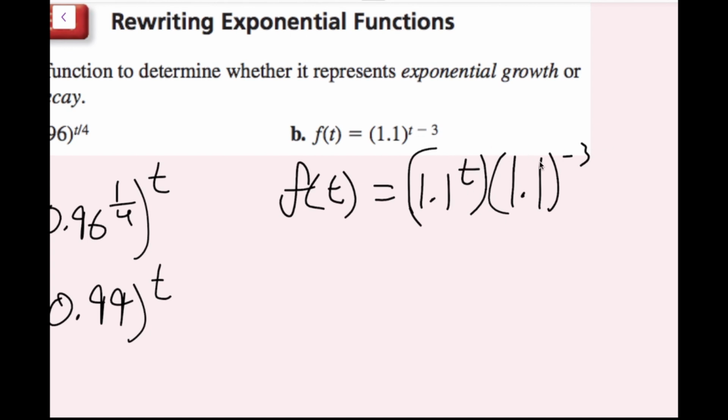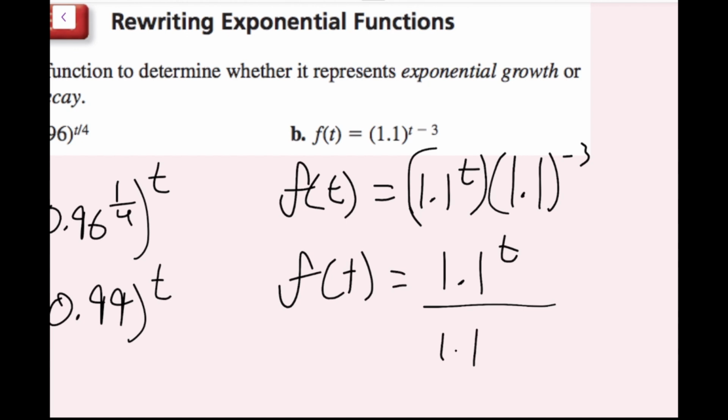In this case, it's t plus -3 or t minus 3. Okay, and I can also just rewrite this on the bottom of the fraction with a positive exponent. So this is going to be f of t equals 1.1 to the t over 1.1 to the positive third power. Well, I'm going to do 1.1 to the third power out just to simplify this fraction.